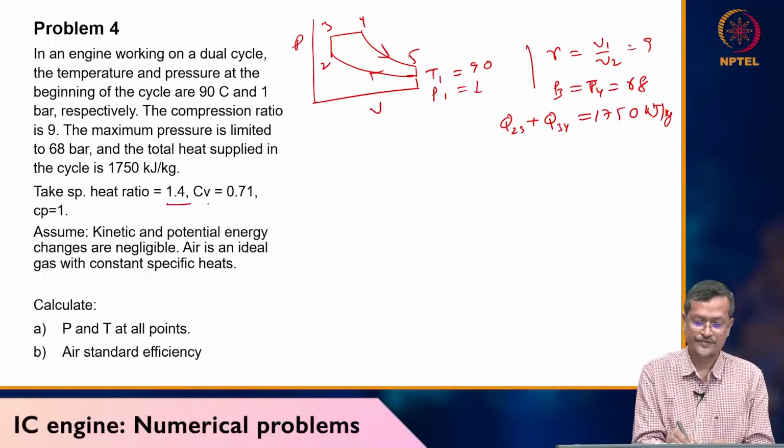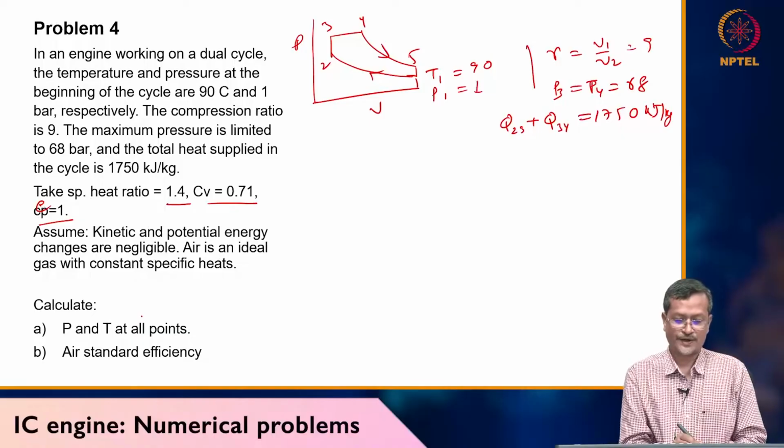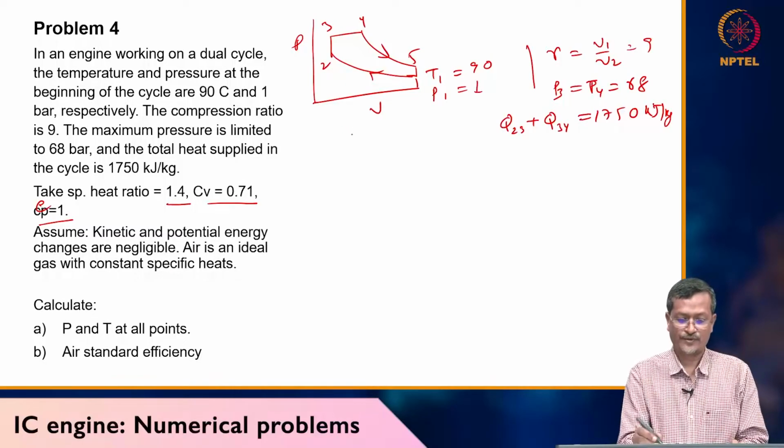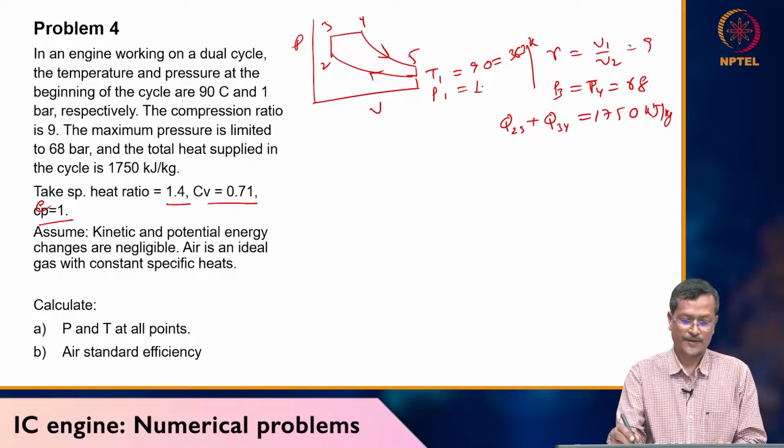Specific heat ratio given, CV given, CP given. Assume kinetic and potential energy change is negligible. Air is an ideal gas with constant specific heats. So gamma is given 1.4, T1 is given 90, so it will be 273 plus 90, 363 K. P1 1 bar, R 9, Q1 is given, P3 given.